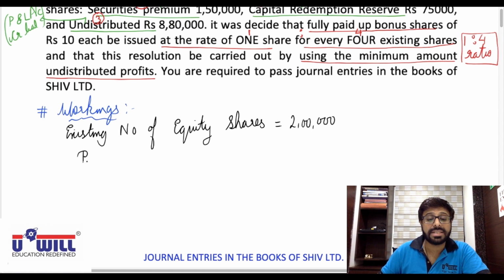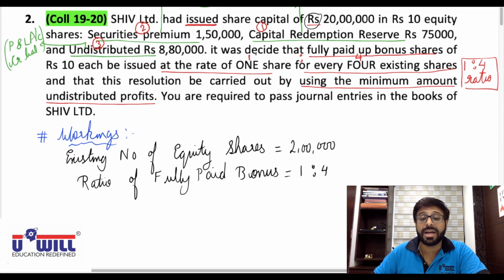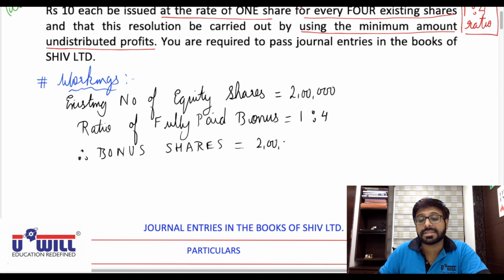And what is the ratio of fully paid bonus shares? As we derived, 1 is to 4 here. At the rate of 1 share, so 1; every 4 shares, so 4. So ratio is 1 is to 4. Now, what would be the quantity of bonus shares? Directly you can do 2 lakhs into 1 by 4.